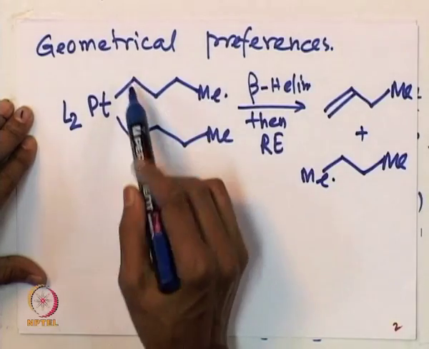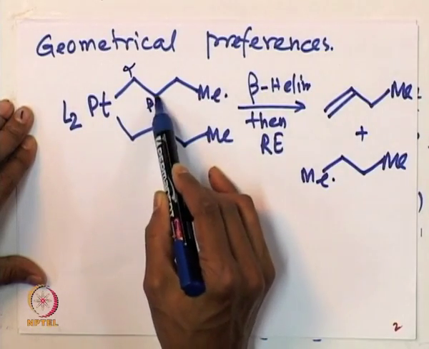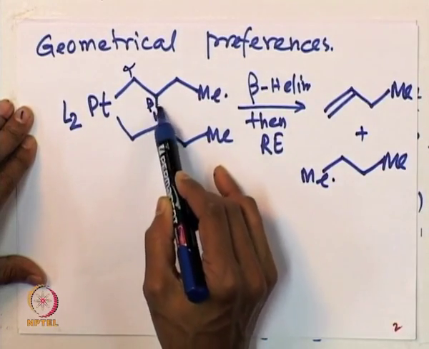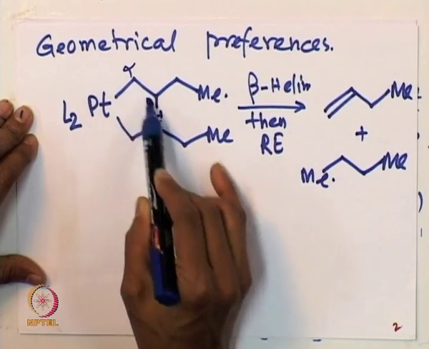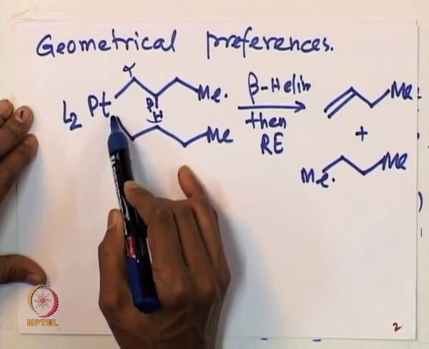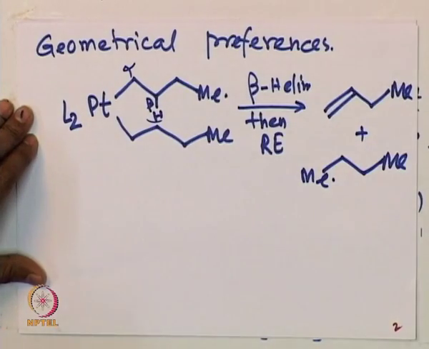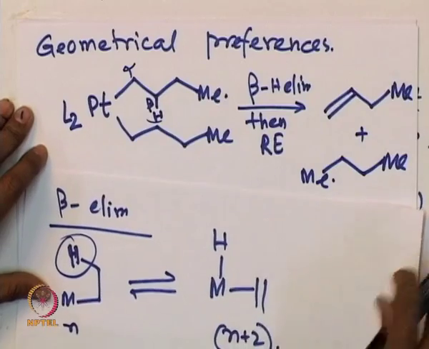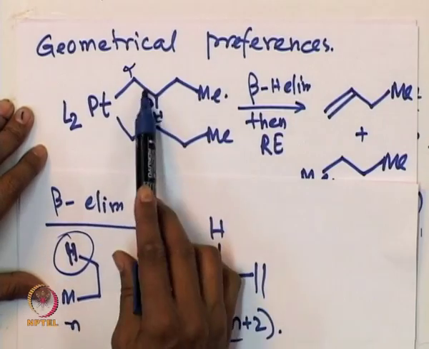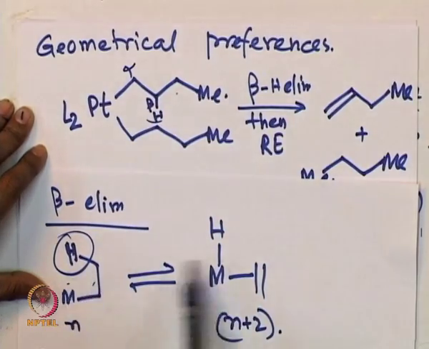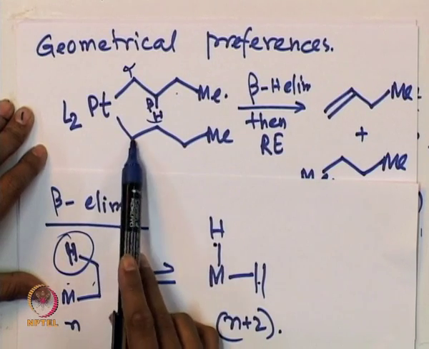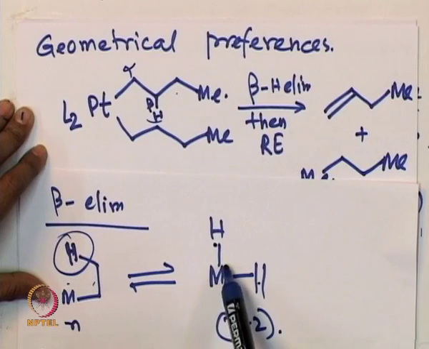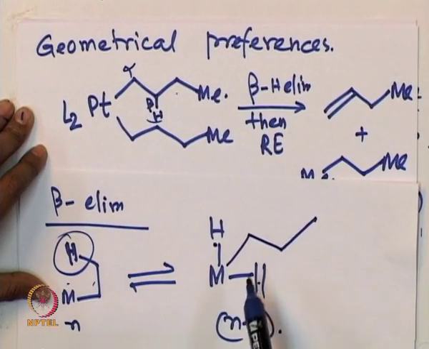So what will happen is that this is alpha, this is beta, and from beta, for example, this hydride comes to here. So we have an olefin coordinated with the hydride, as we are trying to discuss. Remember, let me show you one more time if you have forgotten. If you have a metal alkyl species, and a metal olefin hydride intermediate, in this case we have an extra alkyl. So that alkyl, let us say, is over here.